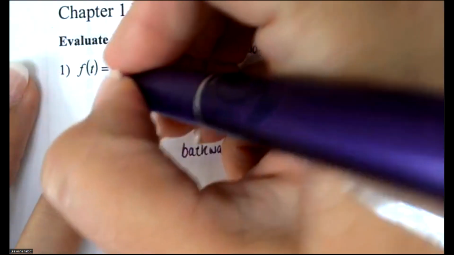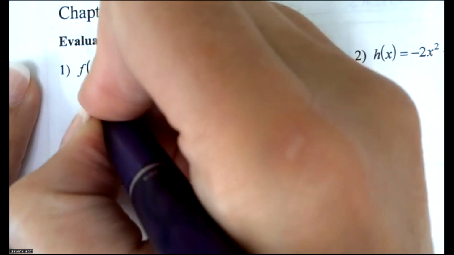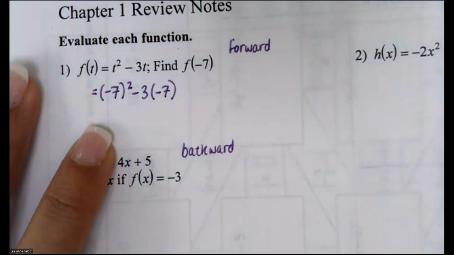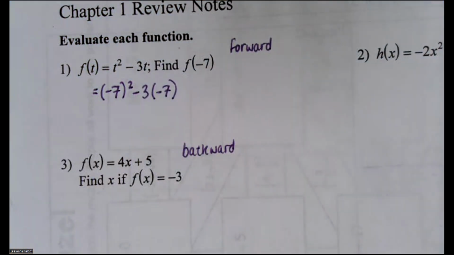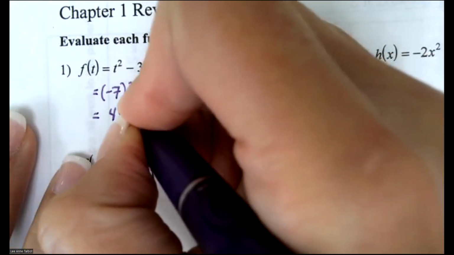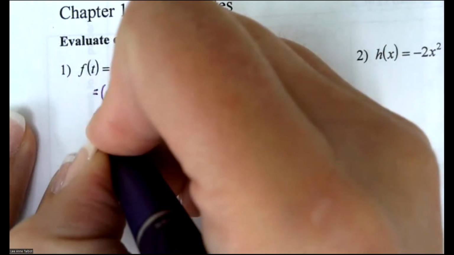Forward function machine. All right, so that means we plug in -7. So -7 squared minus 3 times -7, which is positive 49 plus 21, which is not 60, it's 70.